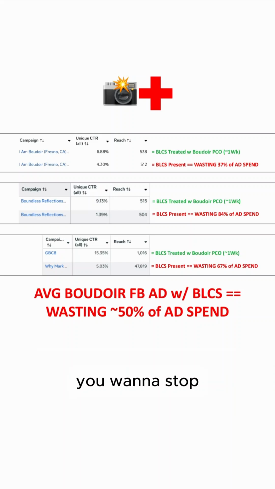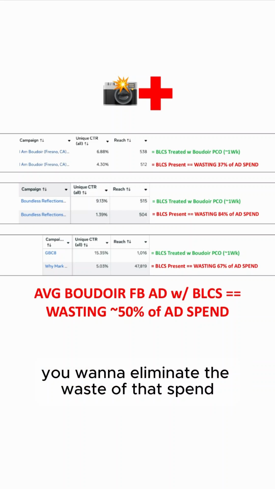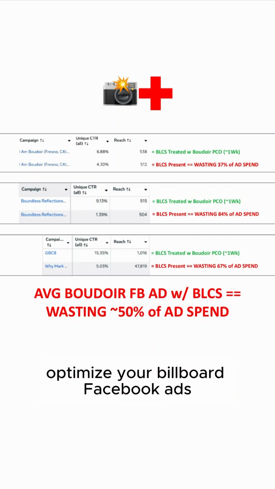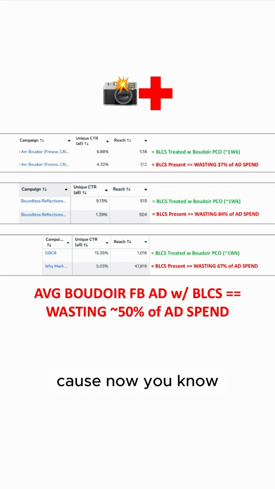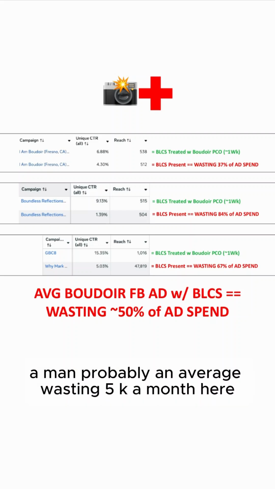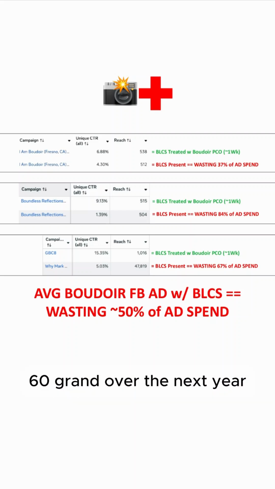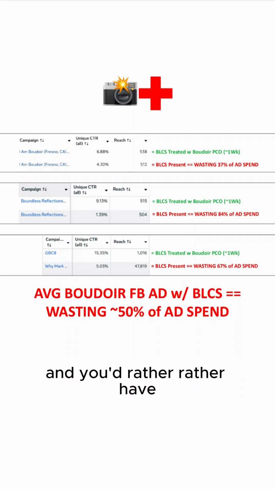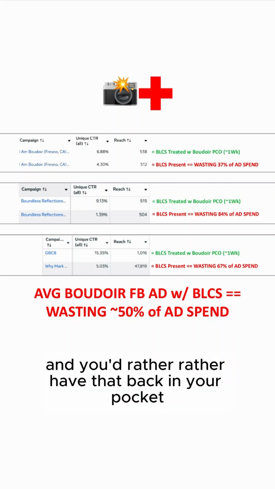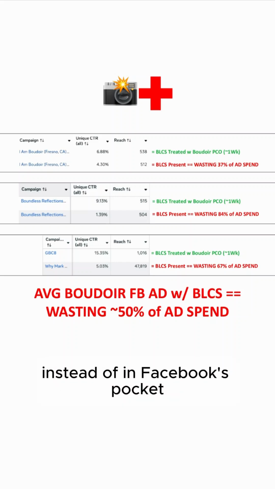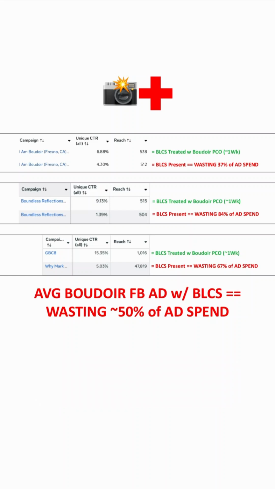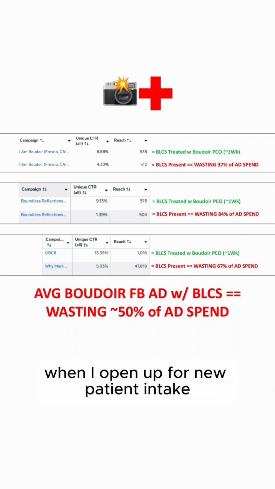You want to eliminate the wasted ad spend, optimize your Boudoir Facebook ads, because now you know, oh man, probably on average wasting 5K a month here, 60 grand over the next year, and you'd rather have that back in your pocket instead of in Facebook's pocket, then shoot me a DM when I open up for new patient intake.